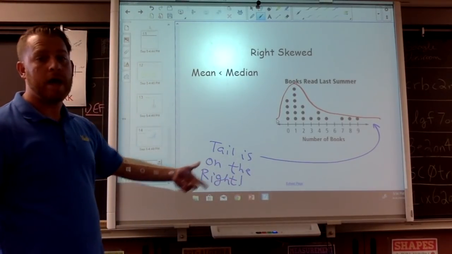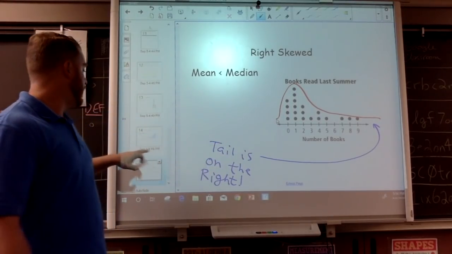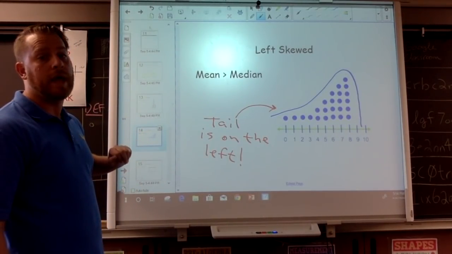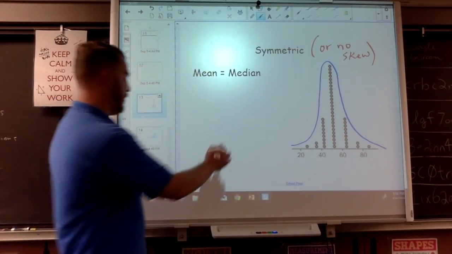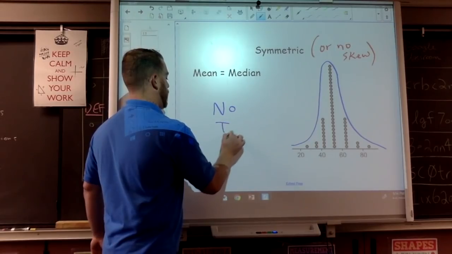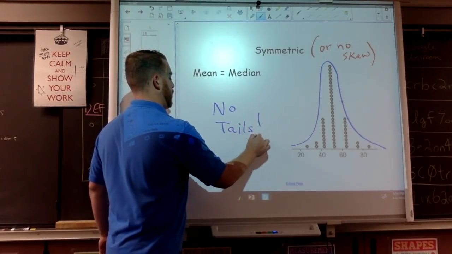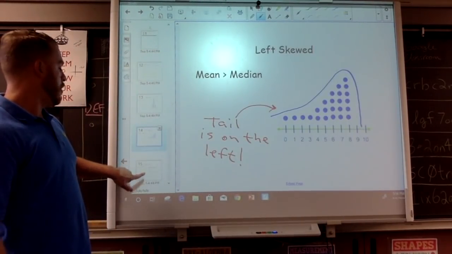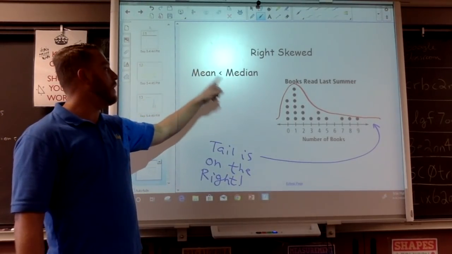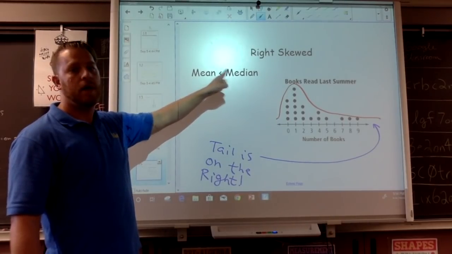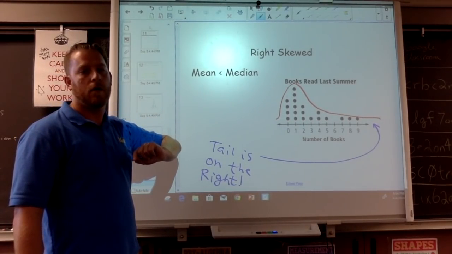So the tail on the right, we get right skewed. The tail on the left, we get left skewed. No tails is symmetric. And again, back to our right skewed, we can tell it's right skewed when the mean is less than the median. All right? Thank you.